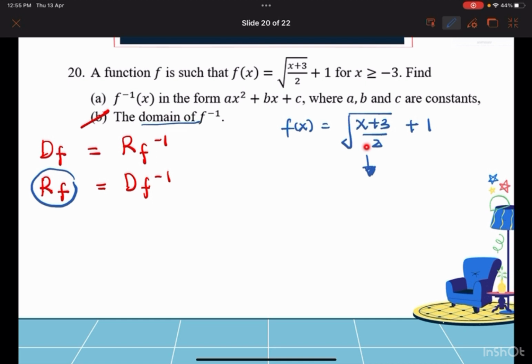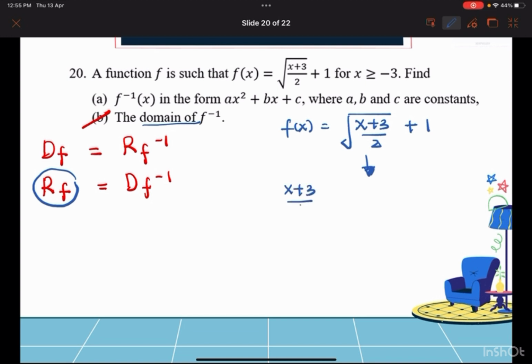If you cannot imagine that, let's try to sketch the graph of f(x). Now look at the square root. Your square root must always have a non-negative value under it. So (x plus 3) divided by 2 must always be greater than or equal to 0. If you rearrange, you will get x greater than or equal to negative 3.